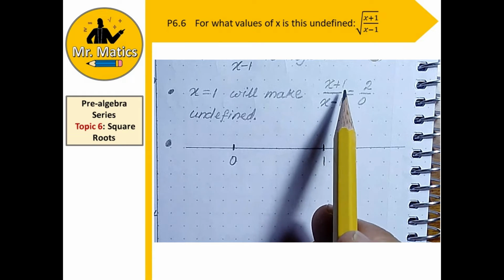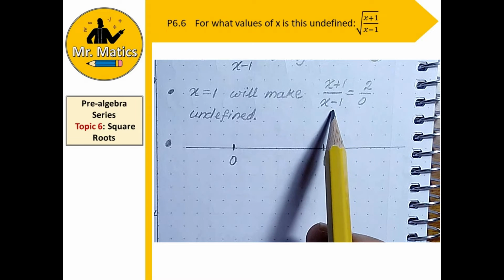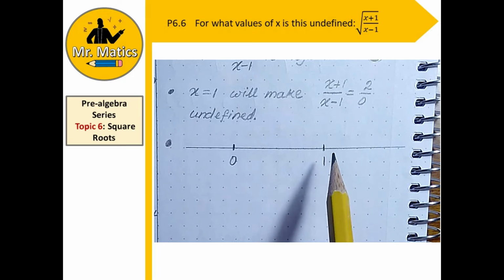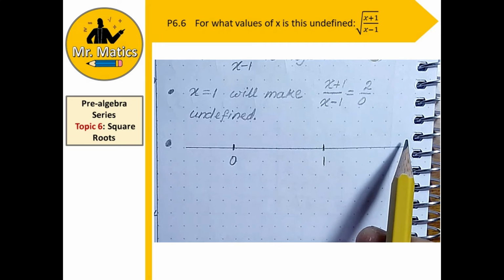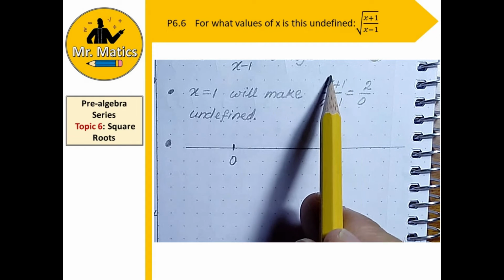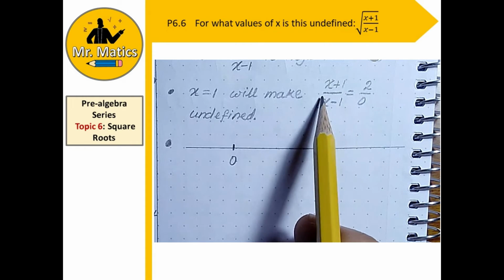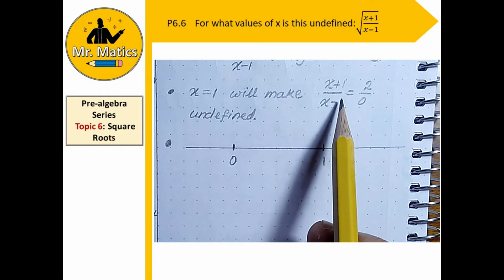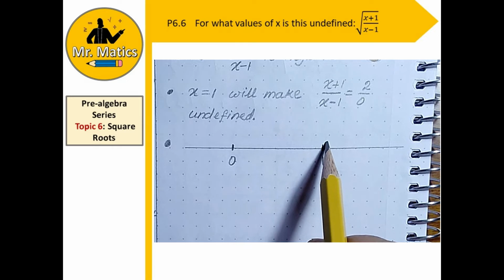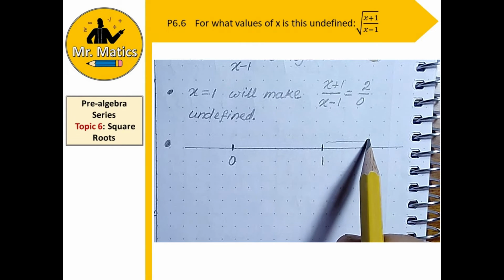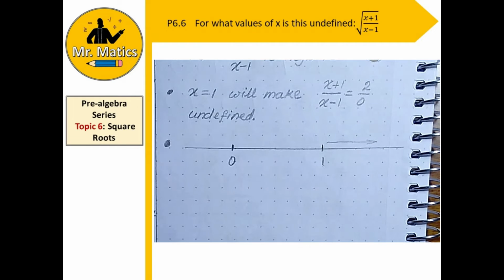So 2.2 over 0.2 is a ratio that you can define, of course. Any other number in this area, or larger and larger numbers, will always have x plus 1 as a positive number and x minus 1 as a non-zero positive number. So anything in this domain makes it defined.